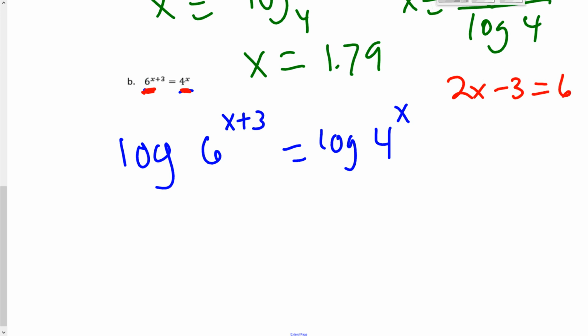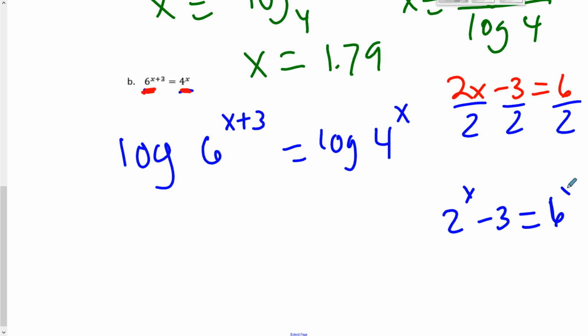Sometimes we want to divide by 2 first, which is fine, but I can't just divide 2 over here and 6 over here, right? I have to divide everything by 2. So if I had 2 raised to the x minus 3 equals, say, 6 raised to x plus 2, I can try to get the logs by itself, or I can take the log of all 3 of these, right?